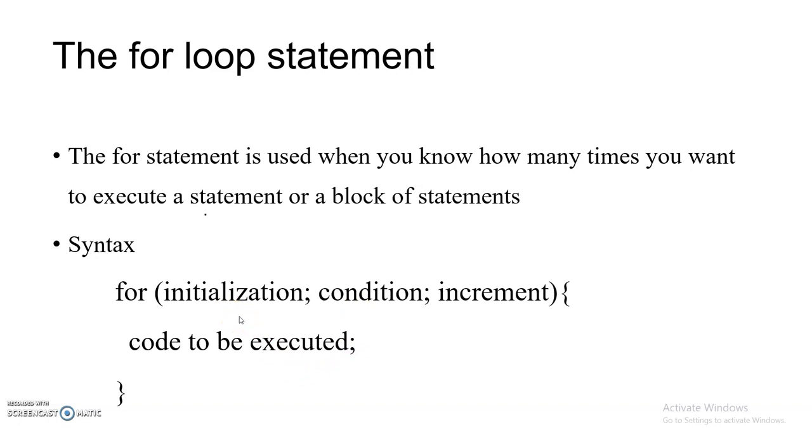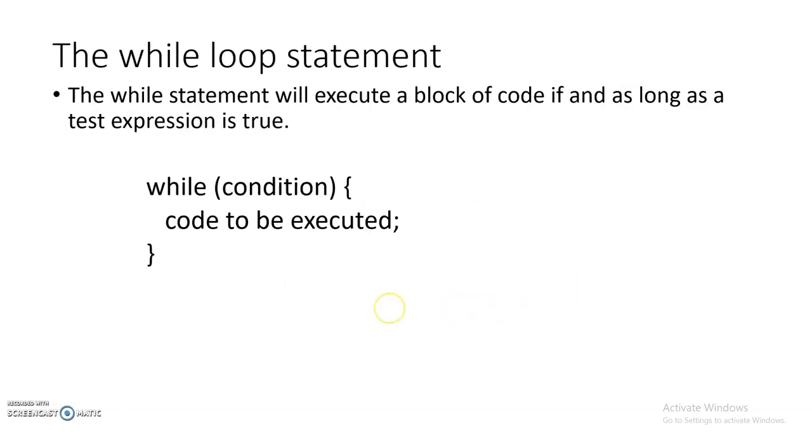Steps are repeated till the exit condition comes. This is the initialization statement, this is the test condition expression, then this is the update expression. After executing the loop body, this expression increments or decrements the loop variable by some value.